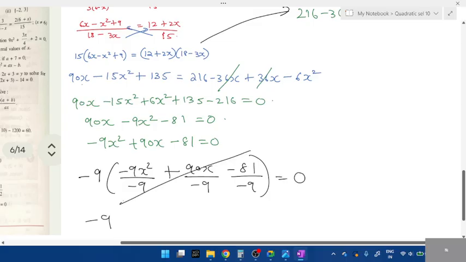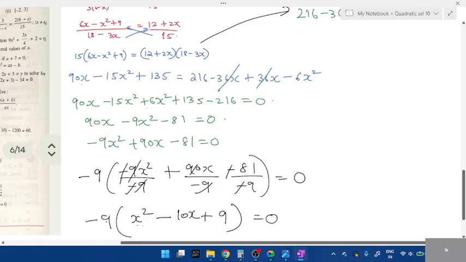If you want this step, you can skip. Those who are thorough with this, skip this step. You can write it directly. Okay. Minus and minus get cancelled. 9 and 9. X square. What is plus into minus? 10x. Minus and minus becomes plus. 9 ones are, how many times does it go?